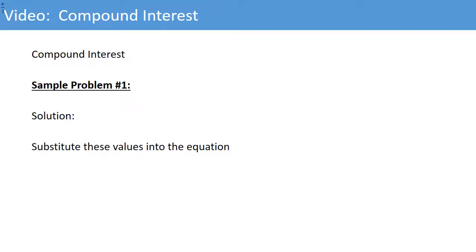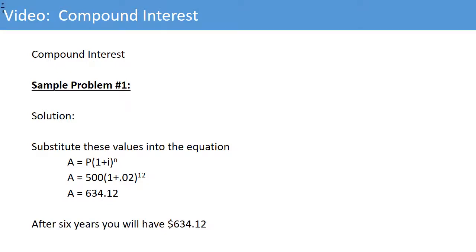Now, take these values and substitute them into the equation. We get the amount is 500, 1 plus 0.02, to the exponent 12, which would give us $634.12. So after 6 years, you would now have $634.12 in the bank.